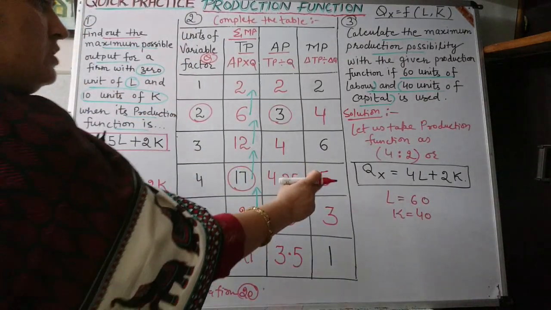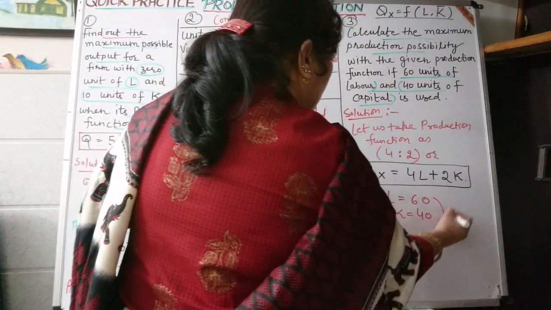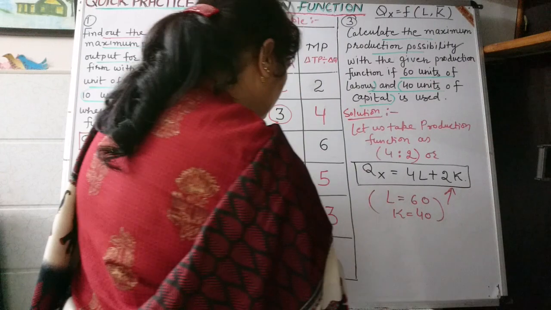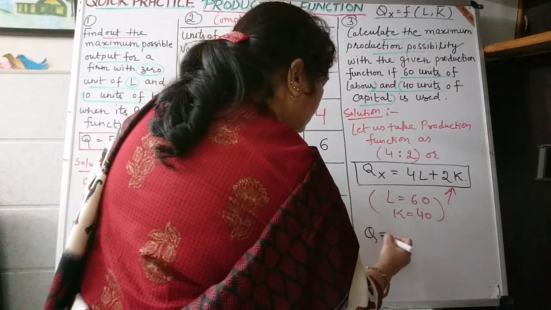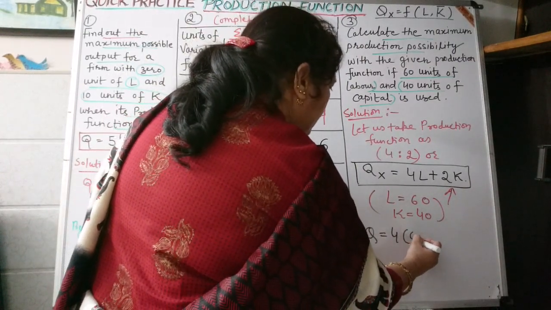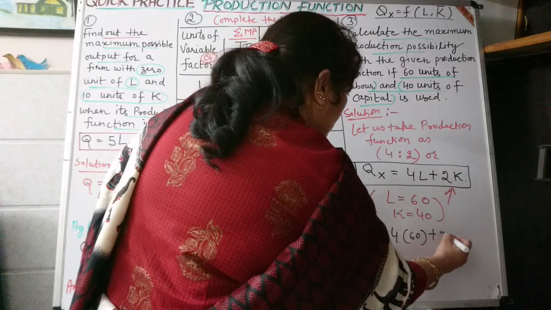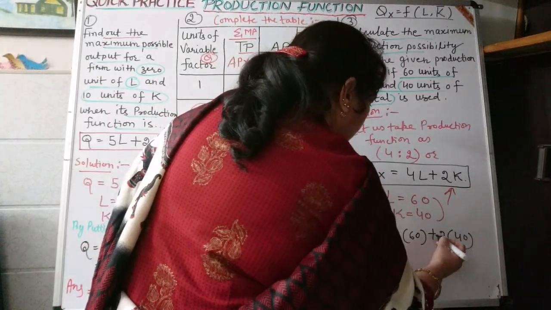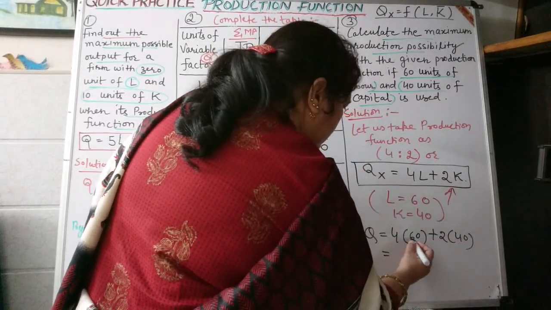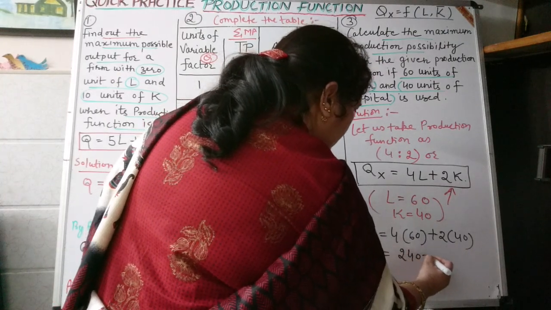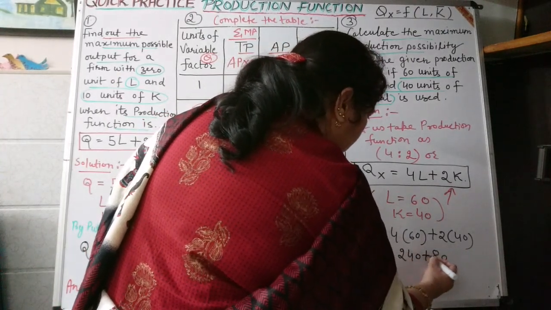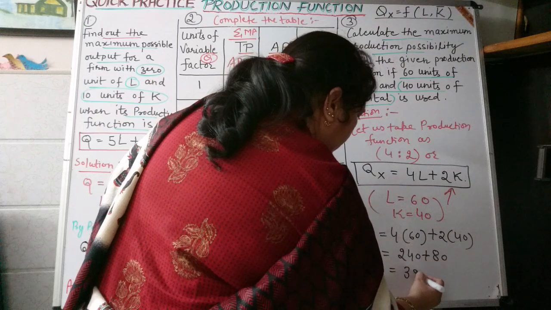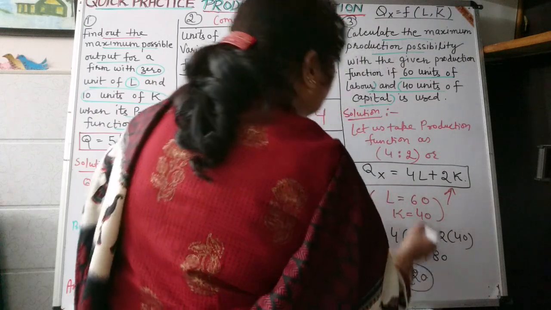So let us put these values into this equation. We get Q is equal to 4 multiplied by 60 plus 2 multiplied by 40, is equal to 240 plus 80, is equal to 320. That will be the answer.